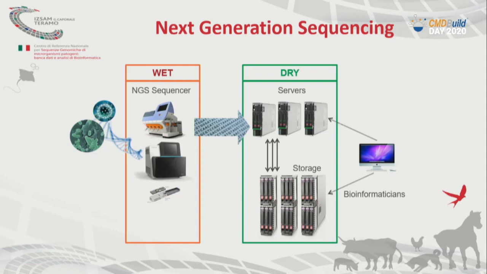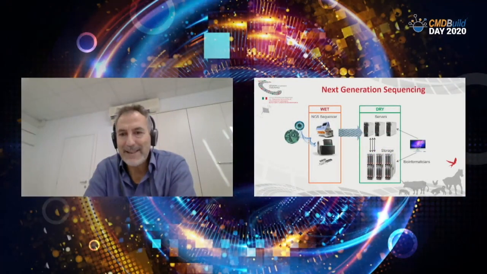The sequencing extracts the DNA and reads it in order to transform the wet part, where the microorganisms are, into very nice bits and bytes in the dry part of the laboratories, where servers will analyze them and the storage is kept.